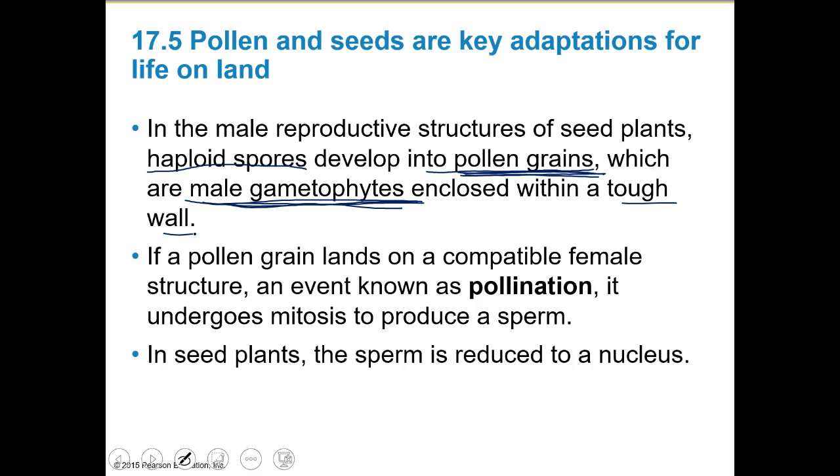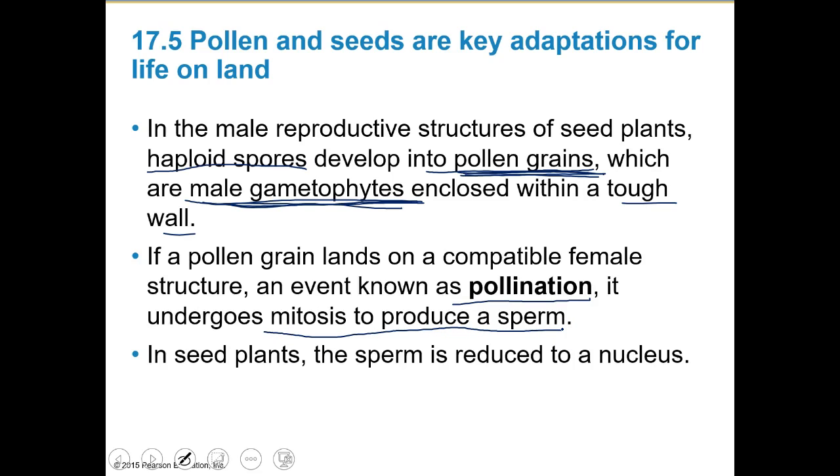If a pollen grain lands on a compatible female structure, it's known as pollination. It just has to randomly land there, which is often why we end up with pollinator species and some really pretty flowers to attract them to make that process easier. When pollination happens, the pollen will undergo mitosis to produce a sperm.